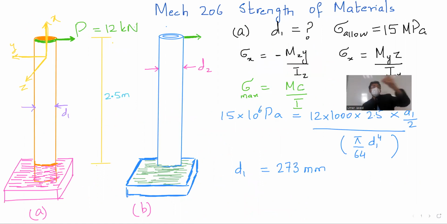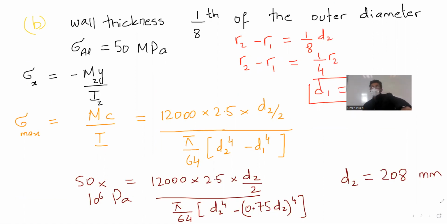So let me answer your question like this. You cannot compare, or you can compare, but I will answer what you are thinking like this. So stress equal to My over I, and your textbook. I apologize.